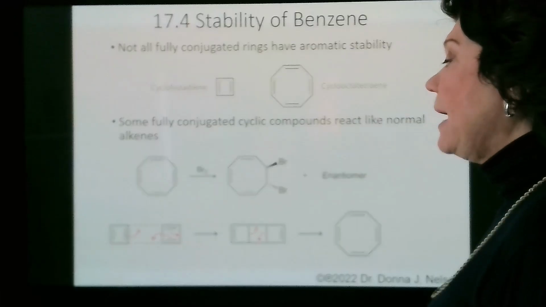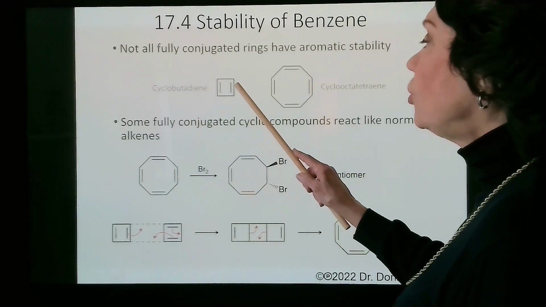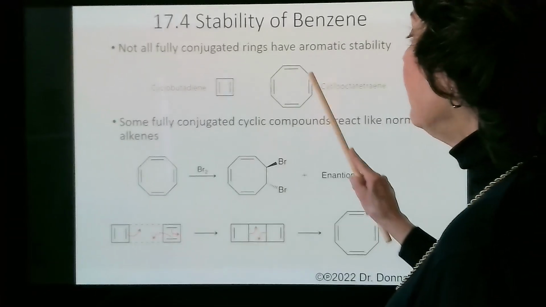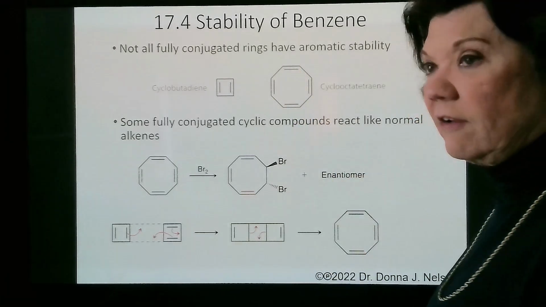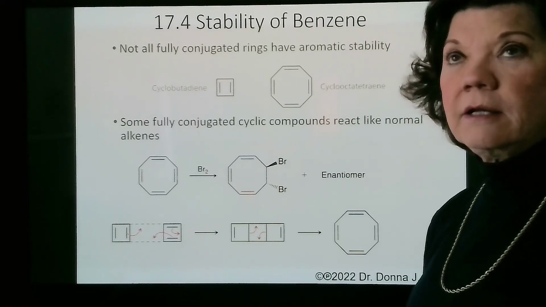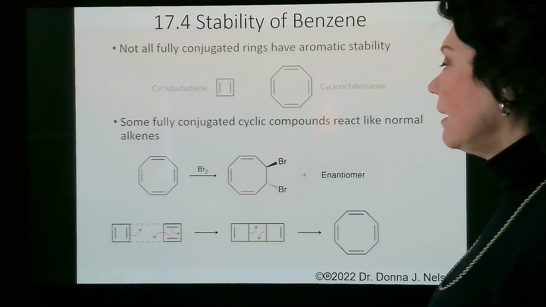So that is what makes it aromatic. This has 2 pairs of electrons. 2 is not an odd number. This is not aromatic. This has 4 pairs of electrons. 4 is not an odd number, so this compound is not aromatic.